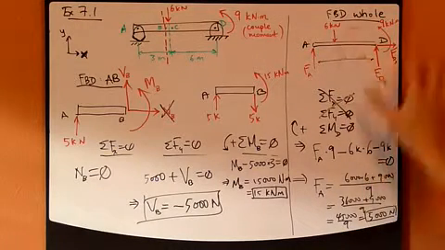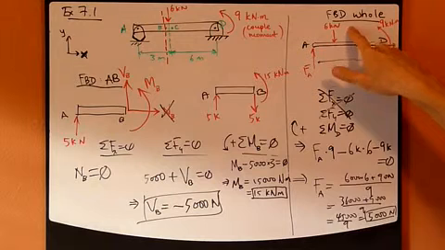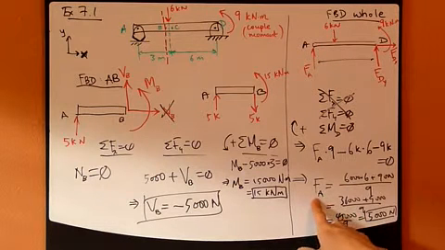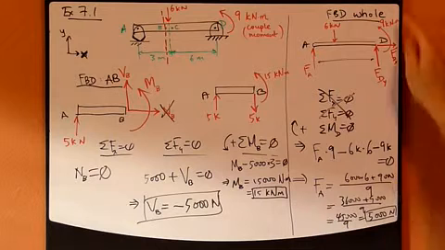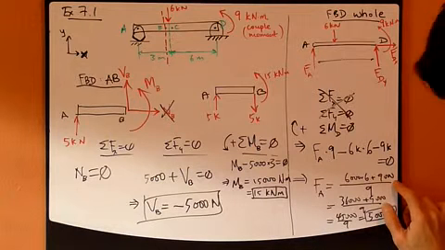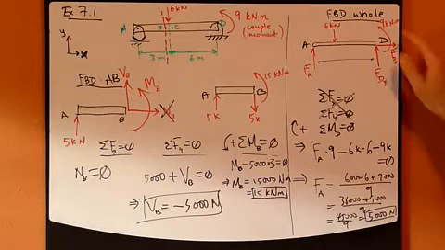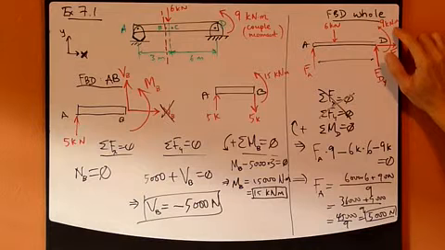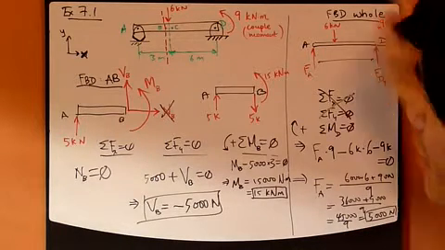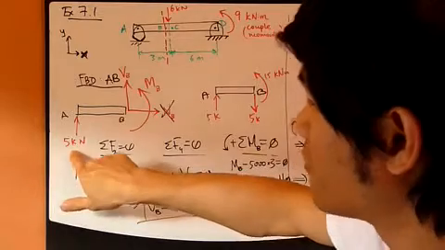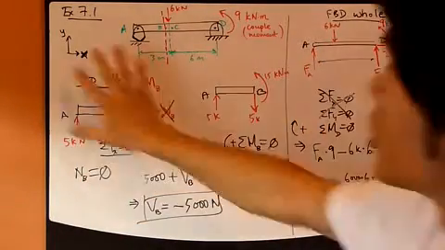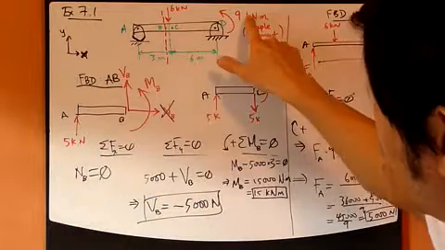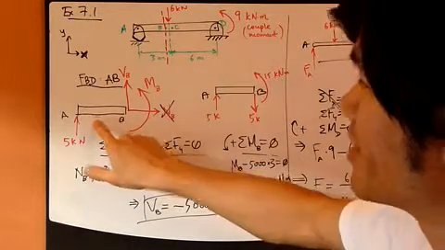In this calculation, in looking at the whole free body diagram and figuring out the reaction at A, I have used this 9,000. So the effect of this 9,000 Newton meter couple moment has resulted in a reaction force of 5,000 Newton at A. So that's why this couple moment doesn't appear here at all.